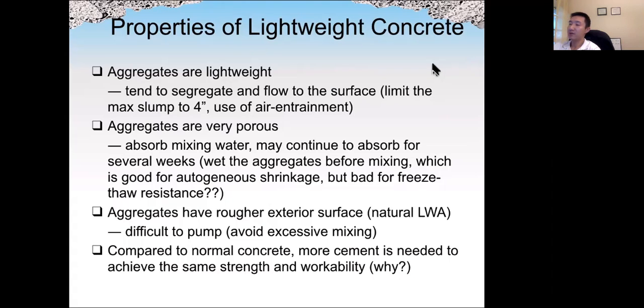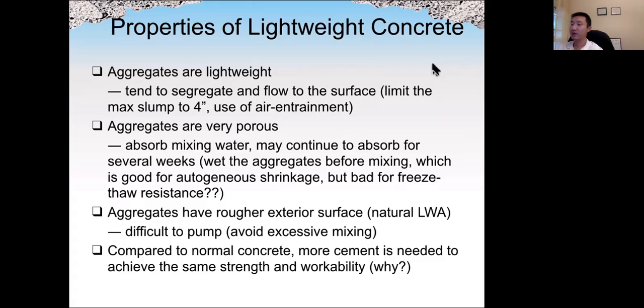In the next couple of slides, let's compare the performance of lightweight concrete with traditional concrete. Because the aggregate is lightweight, when there's segregation in the concrete, the aggregate will flow to the surface of the concrete. This is the opposite of normal concrete, because for normal concrete, the density of the aggregate is higher than the density of the cement paste.